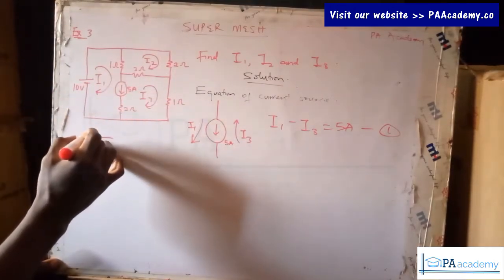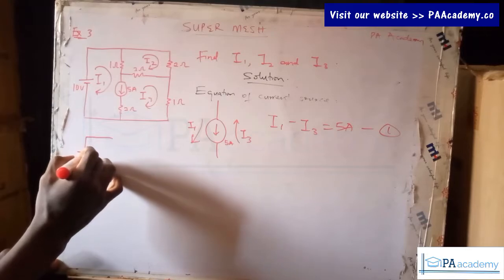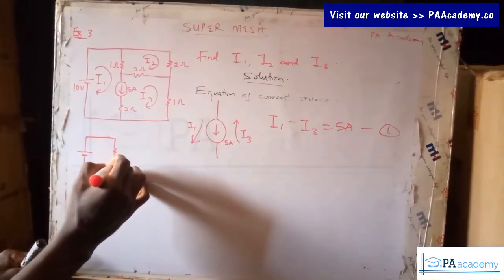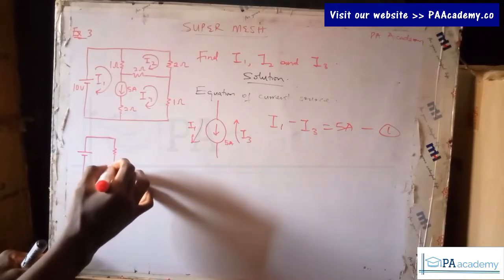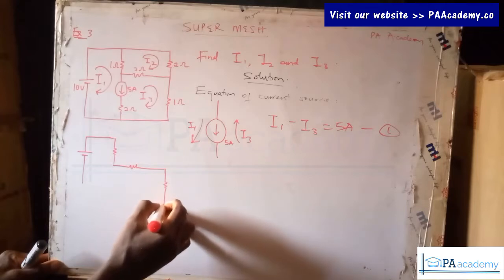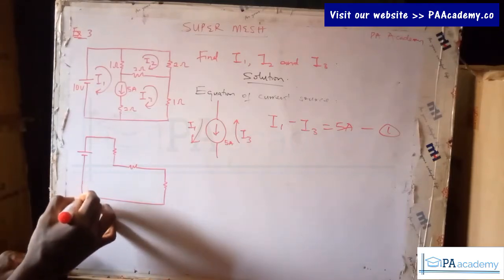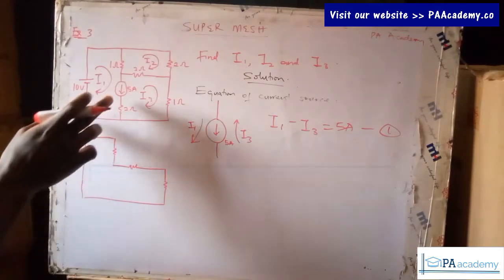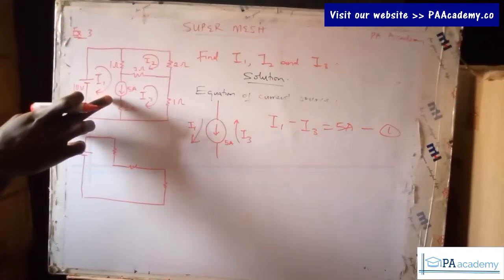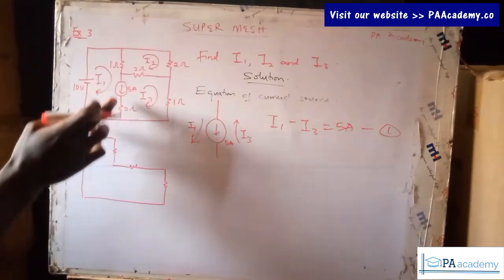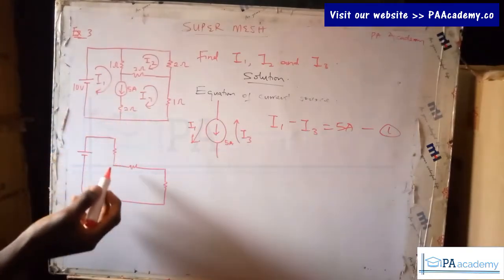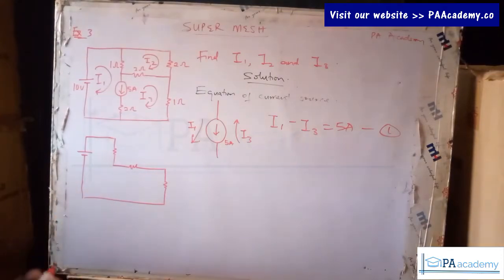And like I said in the other example, if you have other elements in that branch where the current is shared between two meshes, you omit everything together. So we are not going to add this 2 ohm resistor in this Supermesh circuit. This is how it's going to look.